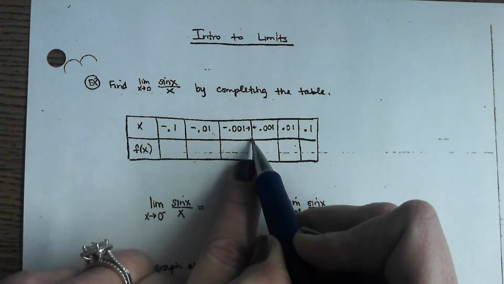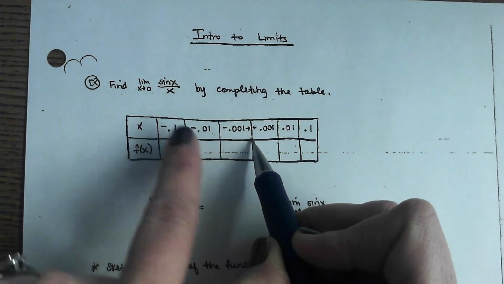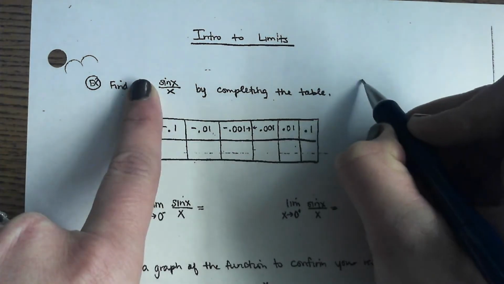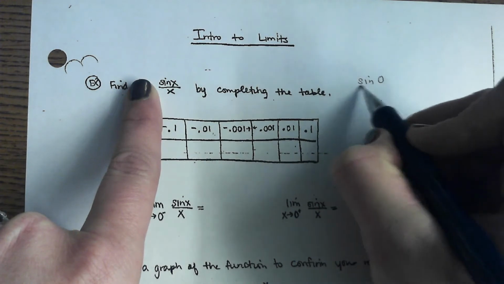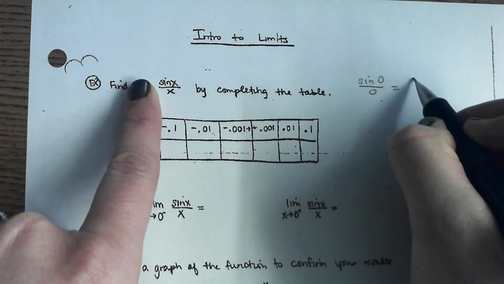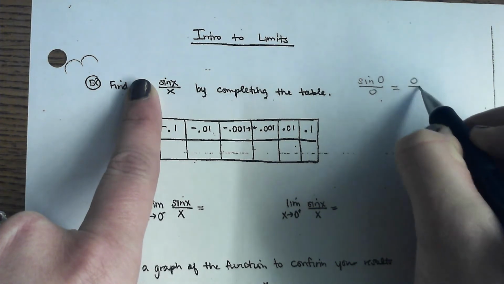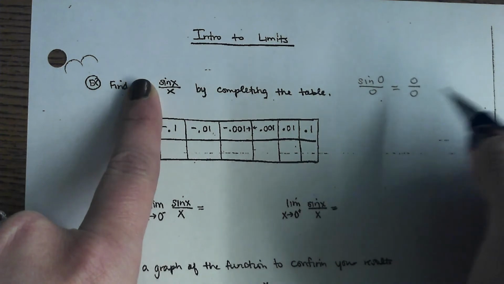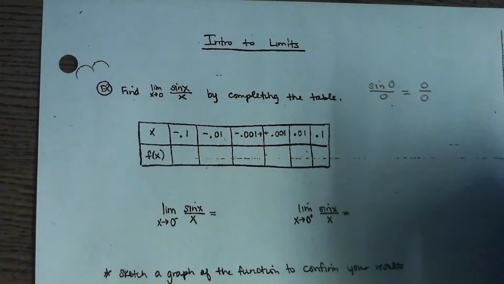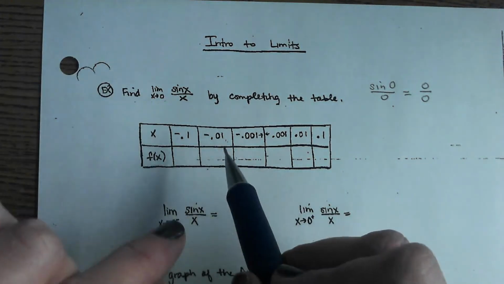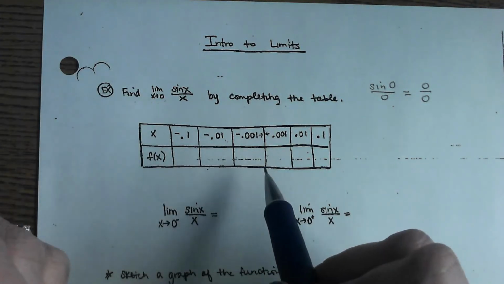Agreed? Okay, so if I were to plug in 0 on a table of values, I would get the sine of 0 over 0. And what is the sine of 0? 0. And 0 over 0 is undefined. So the function itself doesn't have a value at 0.